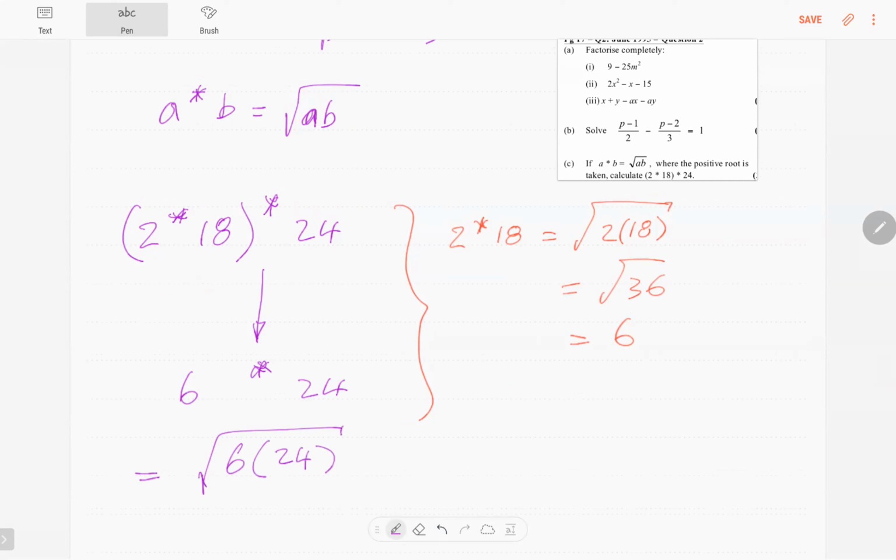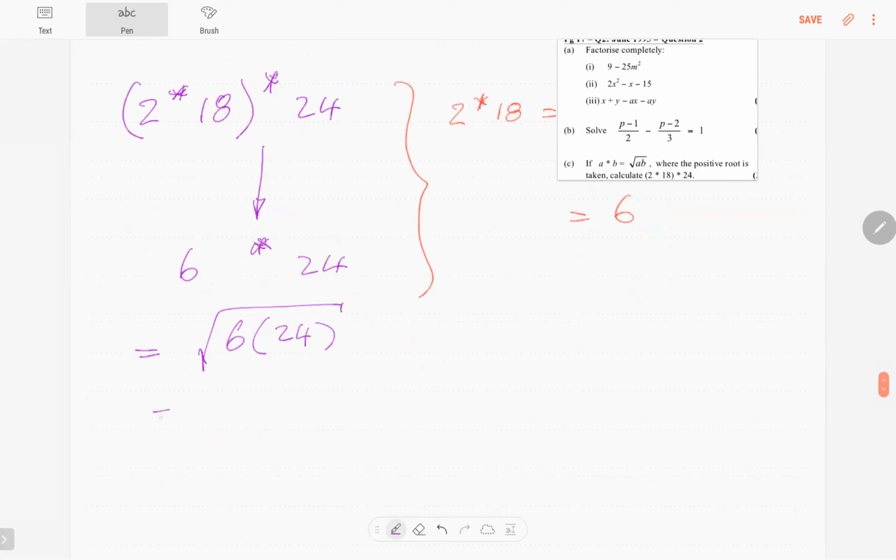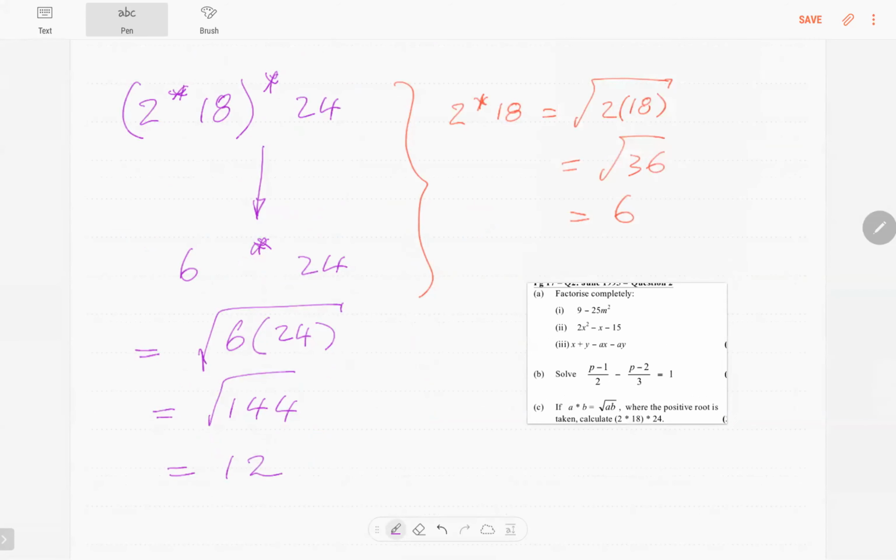Square root of 6 times 24, and that is 144. Therefore it is the square root of 144, which is 12. That answer is 12. So these are some additional questions.